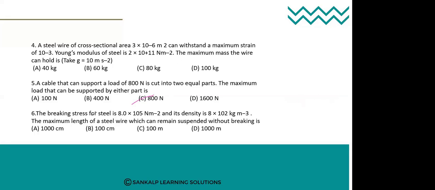The next question, students, the breaking stress for steel is 8 into 10 to the power of 5 Newton per meter square, and its density is 8 into 10 to 2 kg per meter cube. The maximum length of a steel wire which can remain suspended without breaking is.